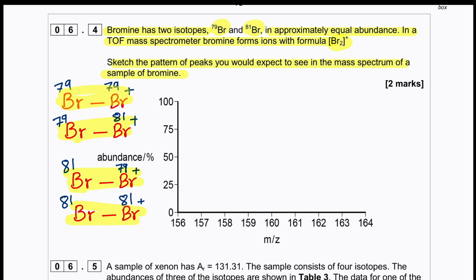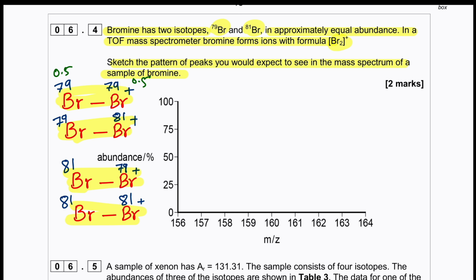With the four different combinations, we would have a ratio. Since each bromine isotope is present in equal abundance according to the question, even though they are not exactly equal, at least they have mentioned equal here, this gives us a chance of 0.5 for each.